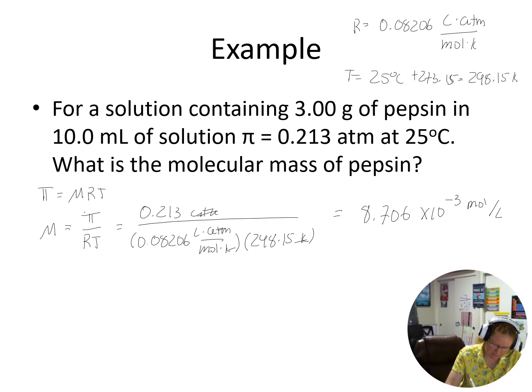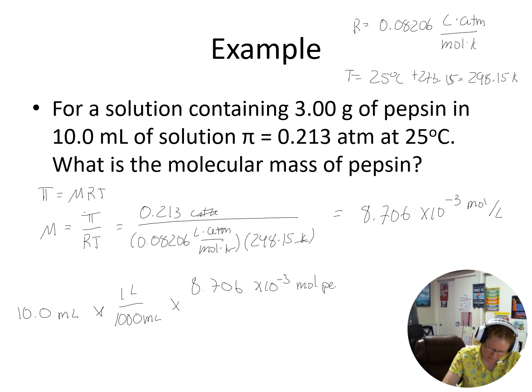Now we have 10 mL of our solution times 1 liter in 1,000 milliliters times 8.706 times 10 to the negative third moles of our pepsin for every 1 liter of that solution. So we get 8.706 times 10 to the negative fifth moles of pepsin.